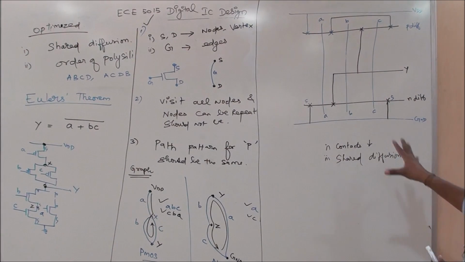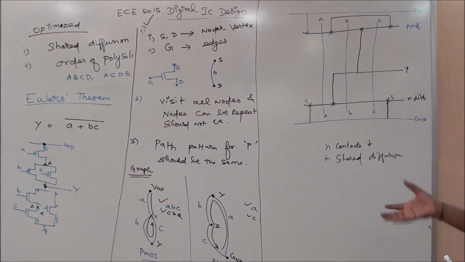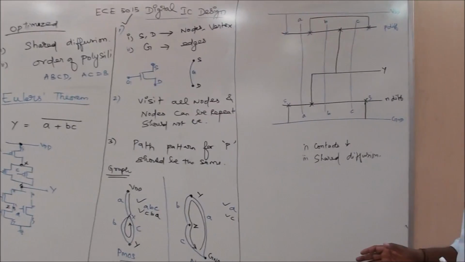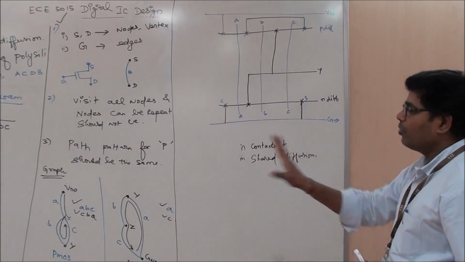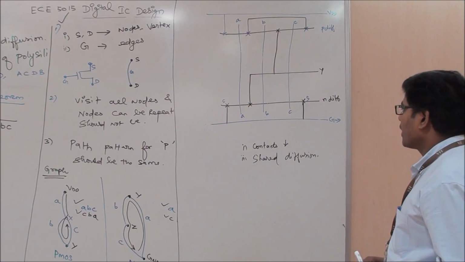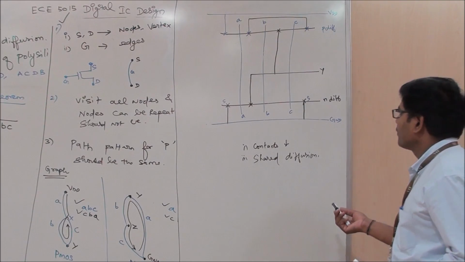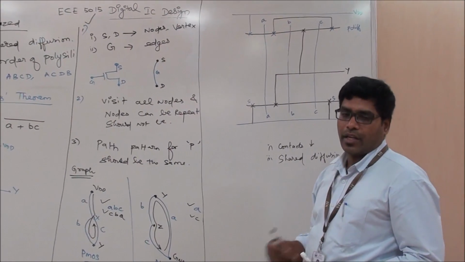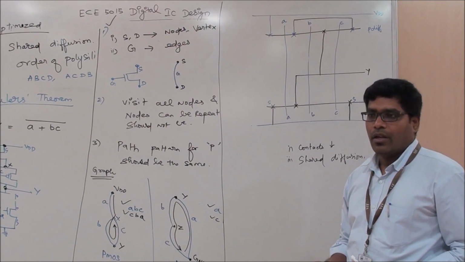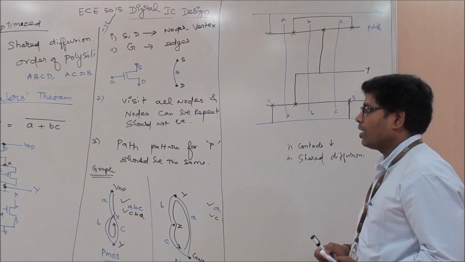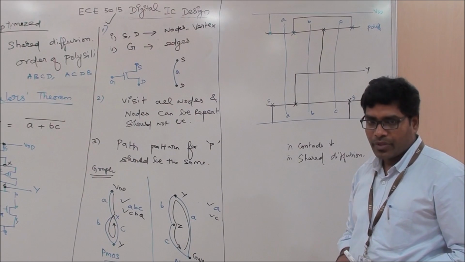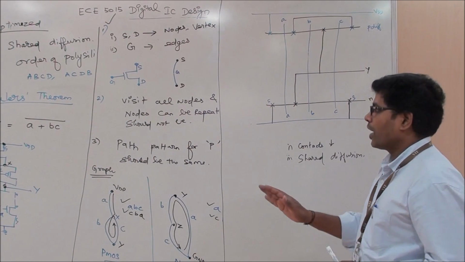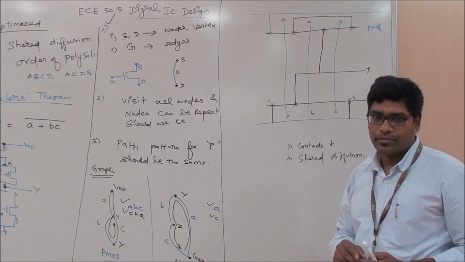This naturally gives me an optimized stick diagram for any Boolean function which we have taken. So I think you can extend this for any of the Boolean functions, and the same thing could be drawn as a stick diagram. Later on, the whole thing again can be converted to a layout.